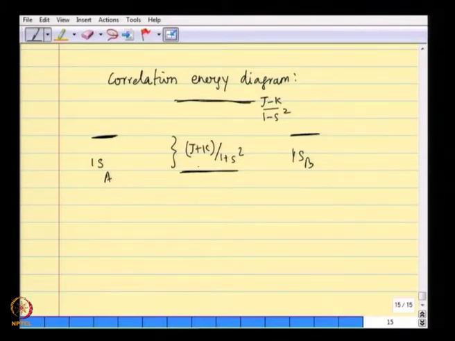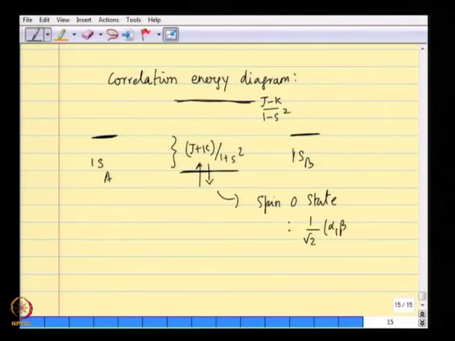And so, you have the two electrons in this state, which is a spin 0 state for the spin, and this is given by 1 by square root of 2 times alpha 1 beta 2 minus beta 1 alpha 2, times psi MO plus.